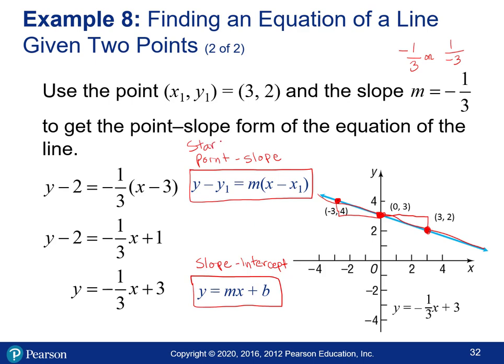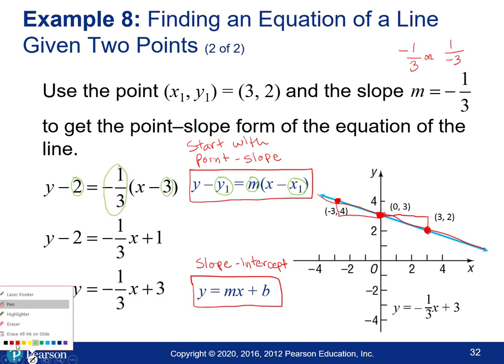So start with the point slope form, plug into it. Okay, I'm going to circle everywhere we plug in, because we plug in for y1, we plug in for x1, we also plug in the slope of m. So we plug in y1 is 2, x1 is 3, slope is negative 1/3, and we simplify.